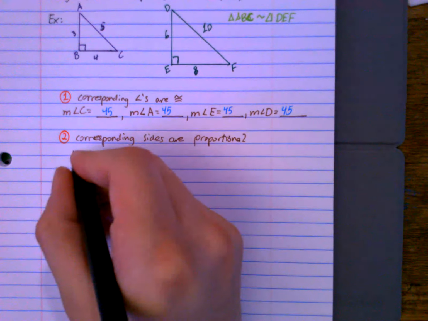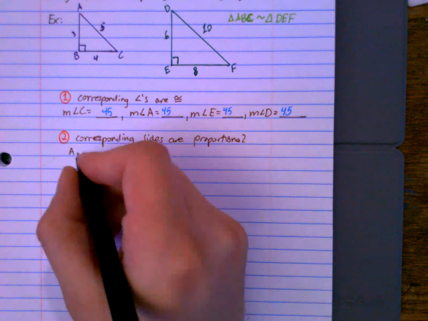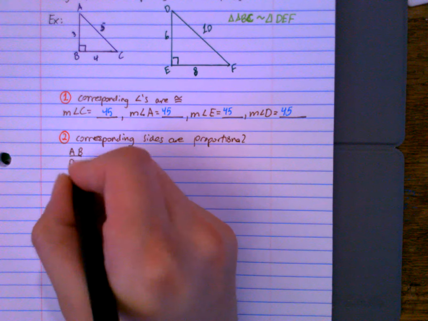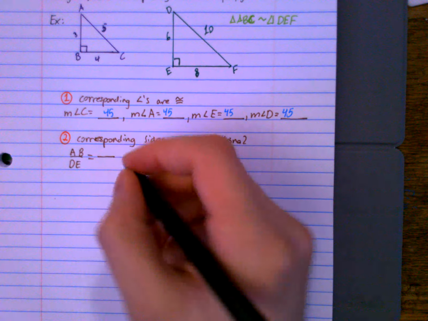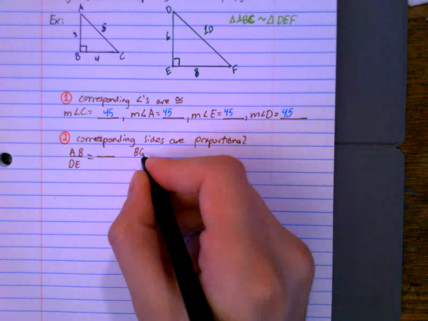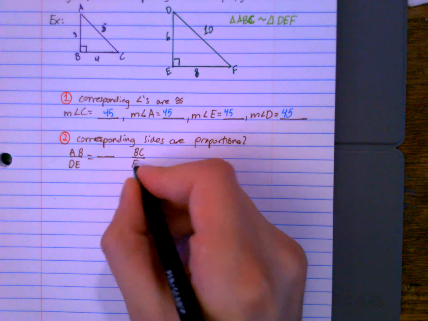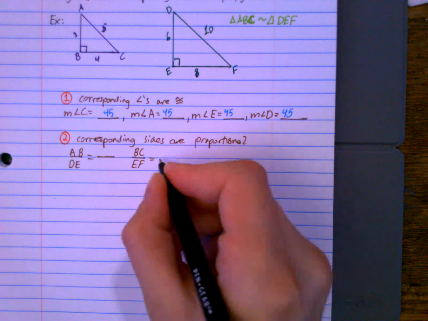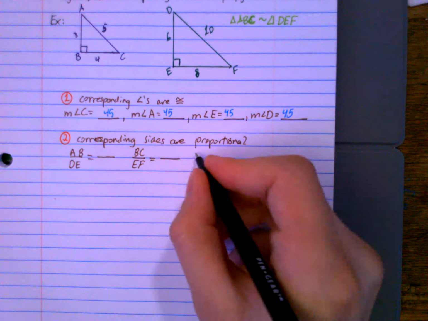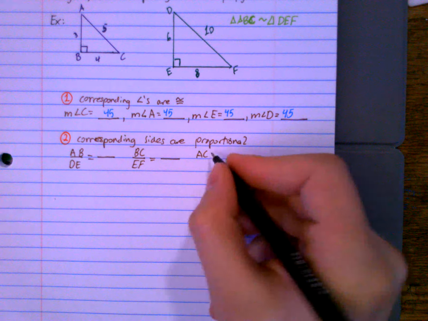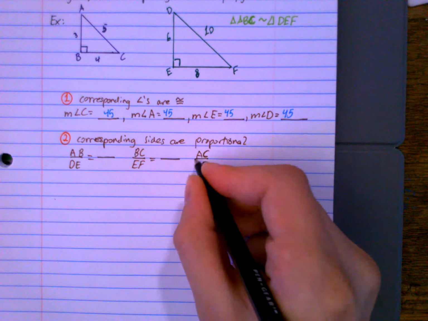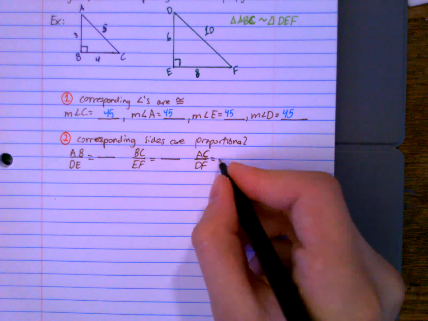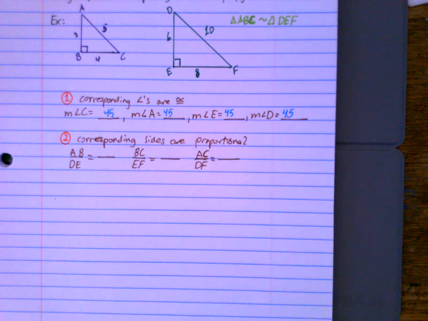We're going to look at AB over DE equals BC over EF equals AC over DF.